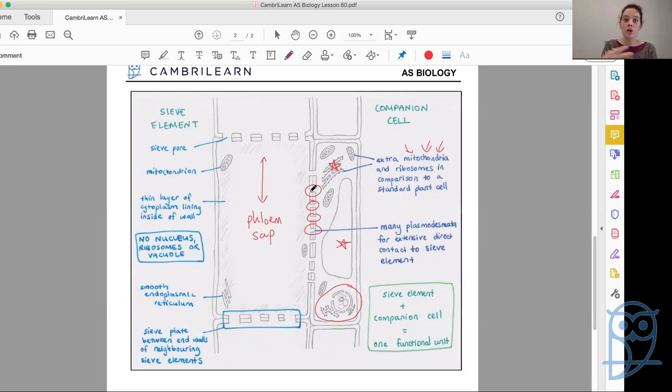It is for unblocked, no membrane involved, transport between cells, which is faster. Bear that in mind. Okay, then between one sieve element and the next, as we go up and down the plant, we have sieve pores. So if we go back to our other diagram, here it is.